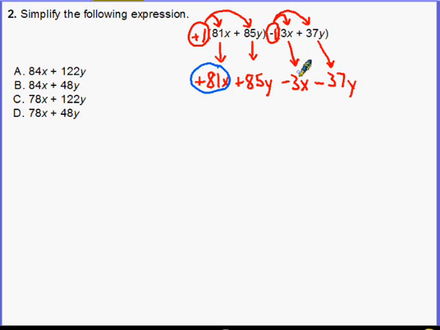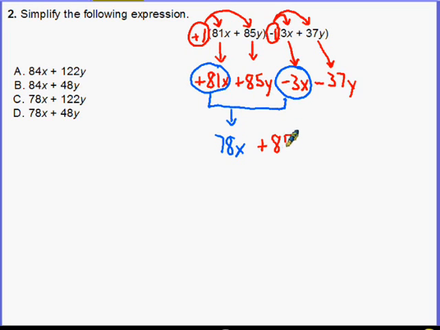I see 81x's, he's in the x family, minus 3x's. Okay? So if you had 81x's and you take 3x's away, how many are you left with? You're actually left with 78 x's. Okay? Because you had 81, you took away 3 of them, now you only have 78 x's.